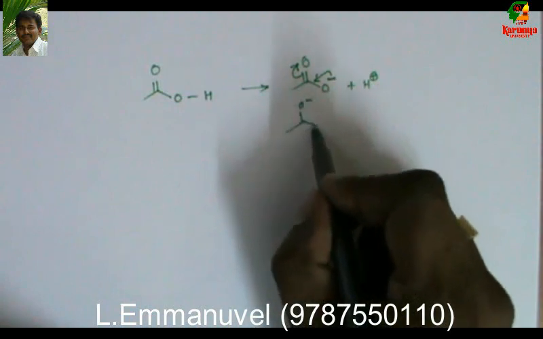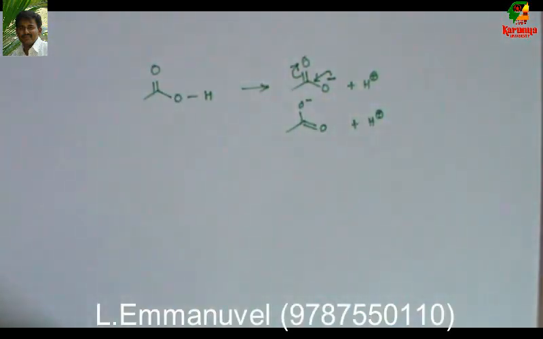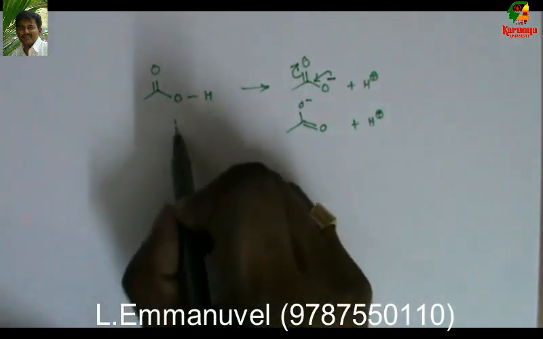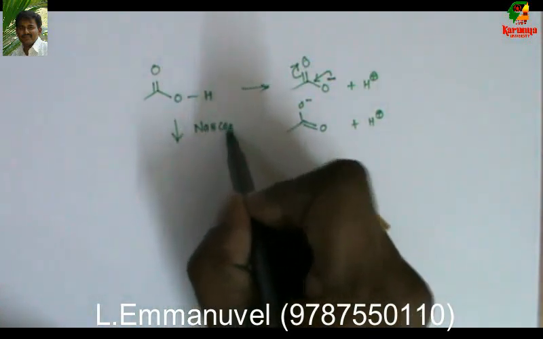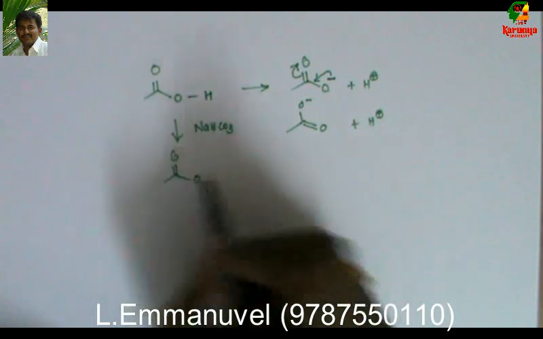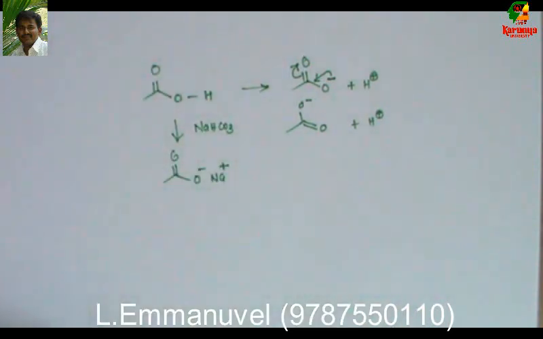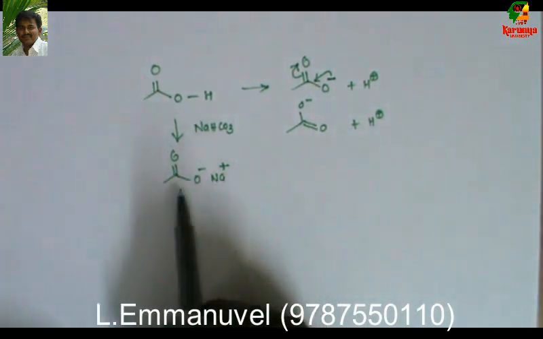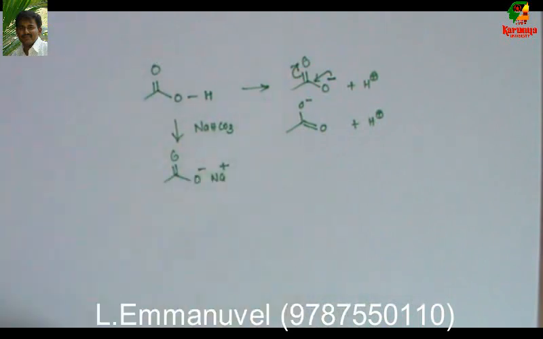So this is resonance stabilized. If you add a base, even a weak base like sodium bicarbonate can take this to give the corresponding sodium acetate. Since it is a metal, it gets plus charge, and oxygen gets minus charge.